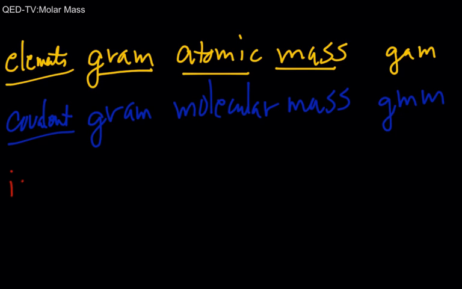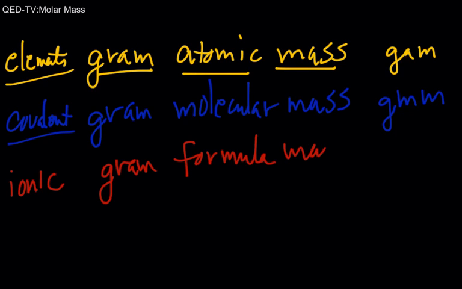And for ionic compounds, if I wanted to find the mass of a mole of sodium chloride, it would be the gram formula mass, abbreviated GFM. The gram formula mass. So that's for ionic there.